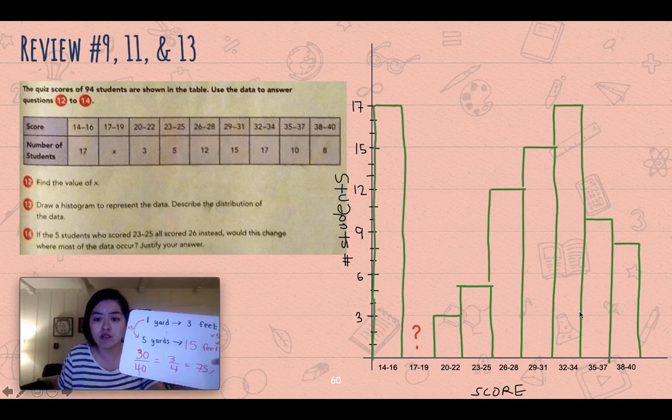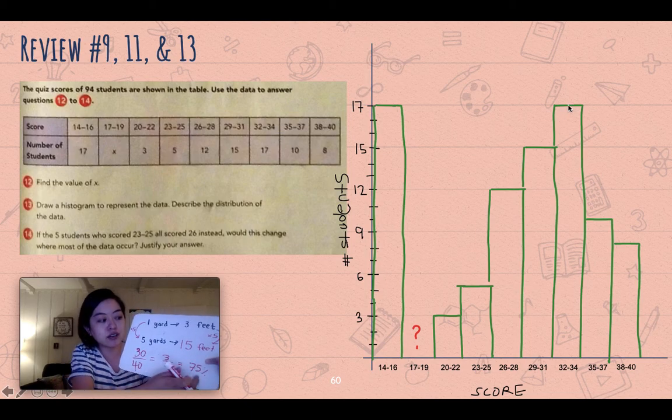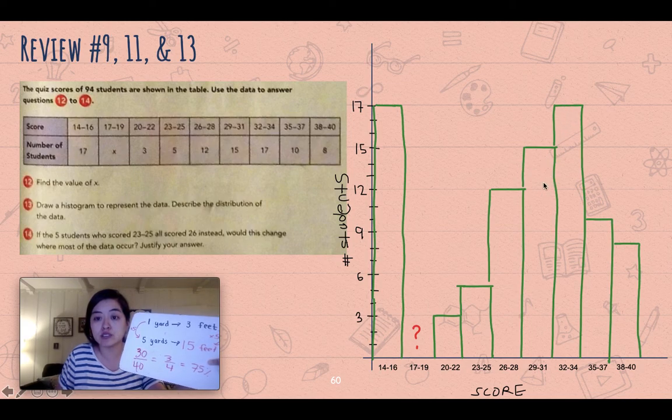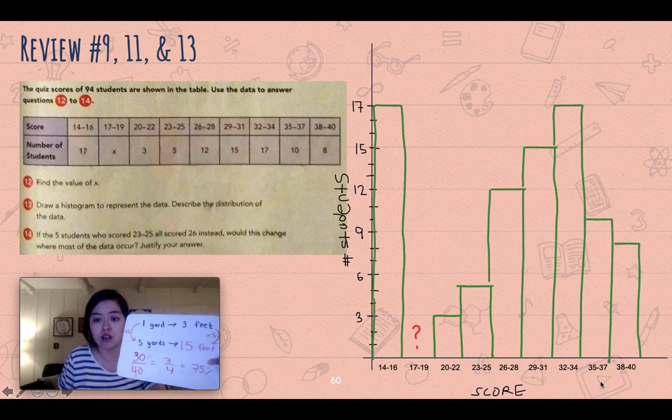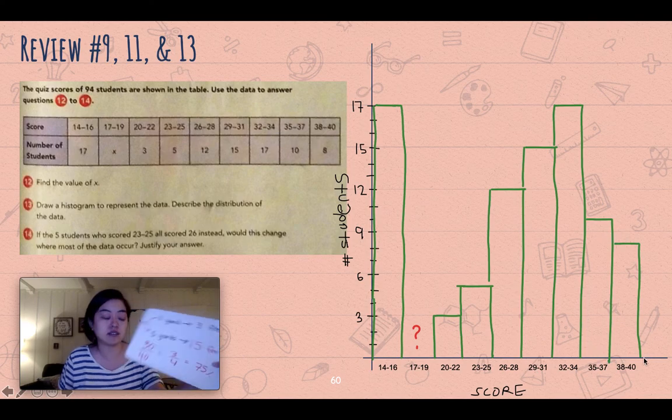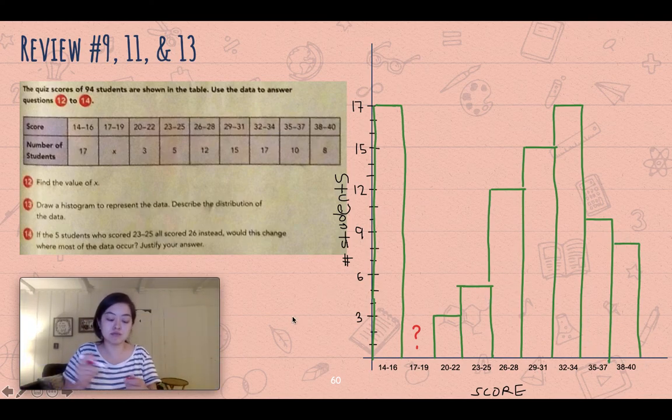I see that between 30 and 40, there were like 15 students, and then also around here, another high number of students who scored kind of average on the quiz as well. And then there were some students who got a pretty high score, between 35 and 40 on the quiz here. Okay, and so that's me describing the distribution of data on the quiz.